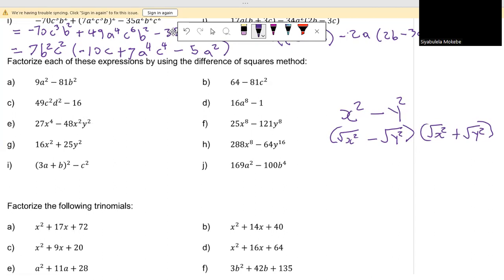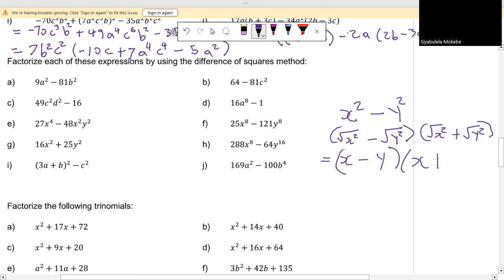If this was positive, then that would be negative. And then the square root of x squared is x, minus y, then x plus y. What is important here is for you to remember that whenever you want to factorize using the difference of squares method, you must take the square root of the first term.